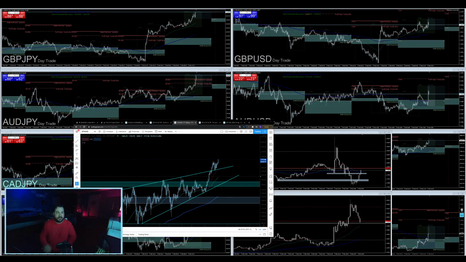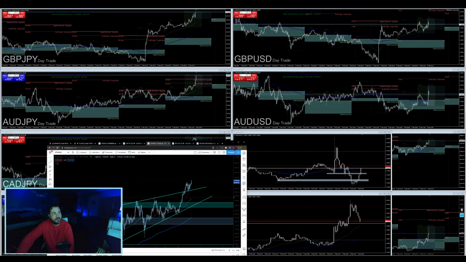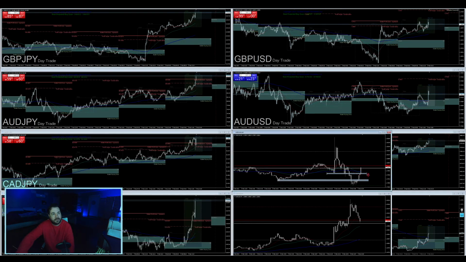Yeah, that's the volatility of the NFP. We're having price break above the resistance zones for the CAD. Let's go ahead and draw this out here. Let's see if that comes back in.